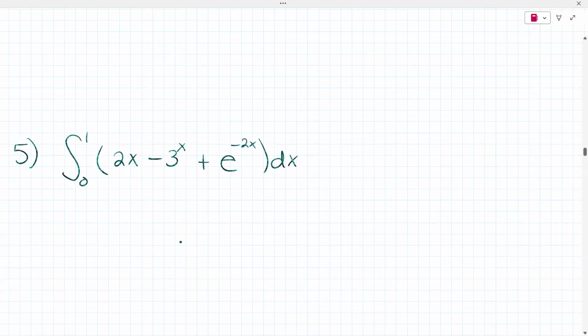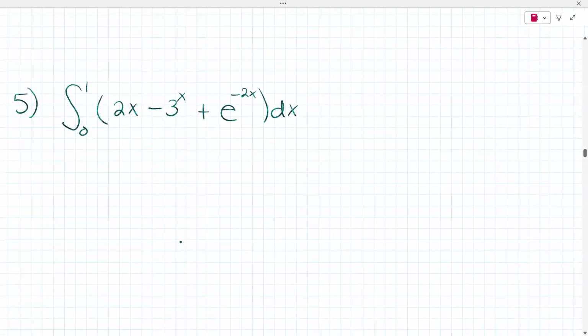Okay, what about 5? We have to take the integration from 0 to 1 of 2x minus 3 raised to the x plus e to the negative 2x times dx. We have it bounded, from 0 to 1. We have 3 terms, so we can write out 3 integration rules.